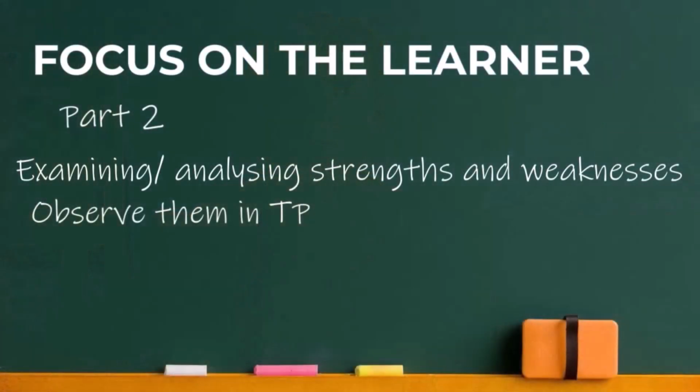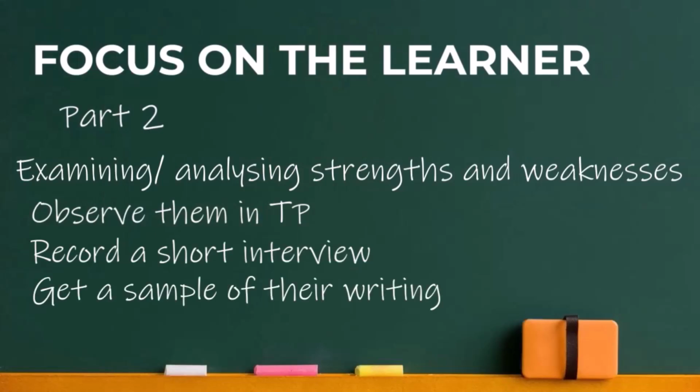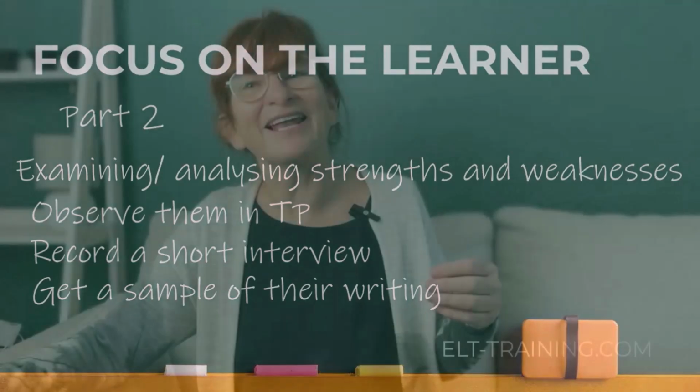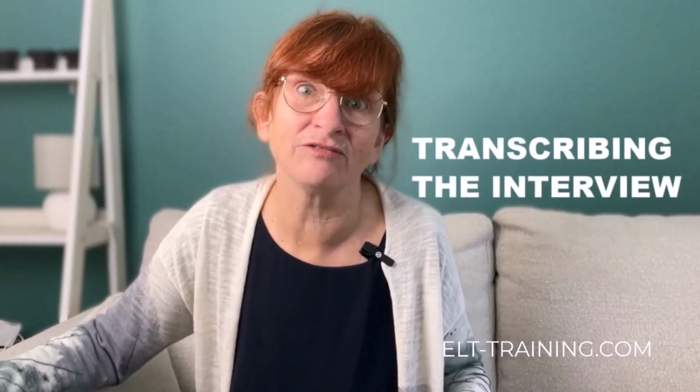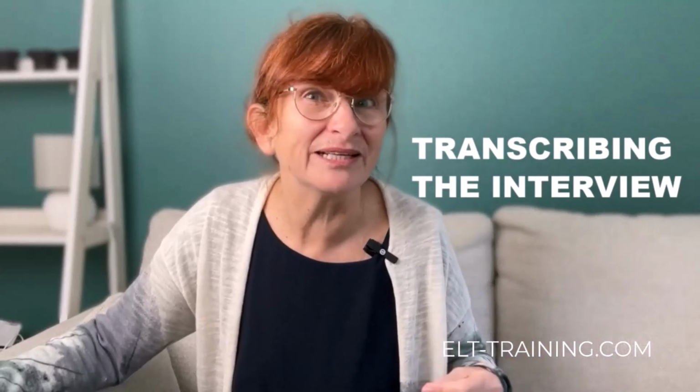You're also going to record a short interview with them and get them to do some writing so that you can analyse their language strengths and needs. One thing that technology can really help with here is in transcribing the interview. Having it written down isn't mandatory in most centres, but it'll make it much easier for you to spot the errors that they're making.